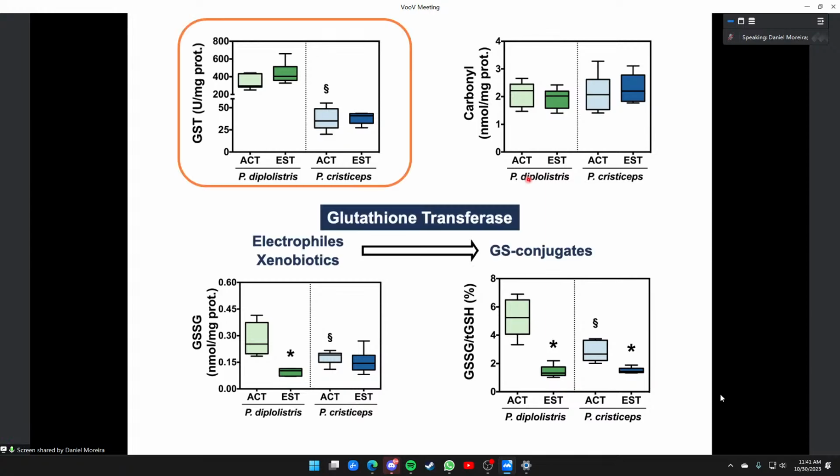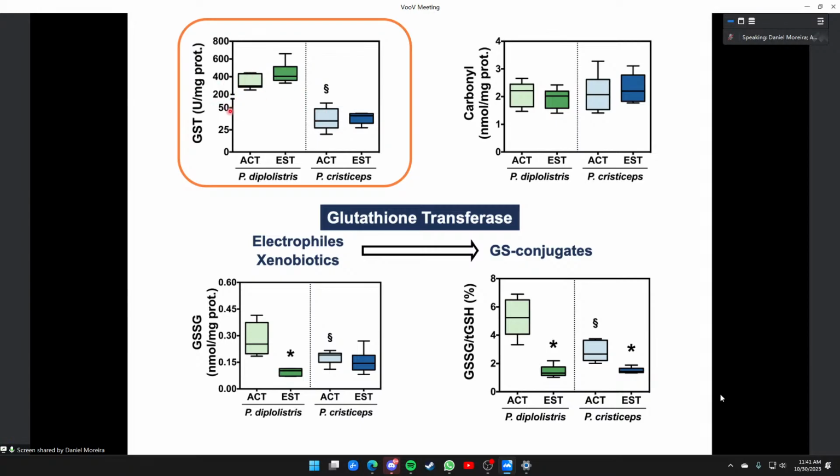We also measured the activity of glutathione transferase, and we did not see any change when comparing estivating versus active animals. But there was a huge difference of more than 10-fold between species.